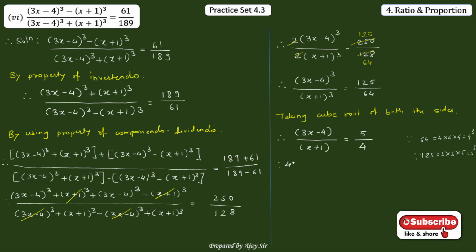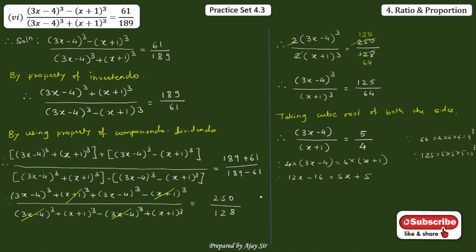So 4 into 3x minus 4 is equal to 5 into x plus 1. So 4 3s are 12x minus 4 4s are 16, is equal to 5 into x, that is 5x plus 5.